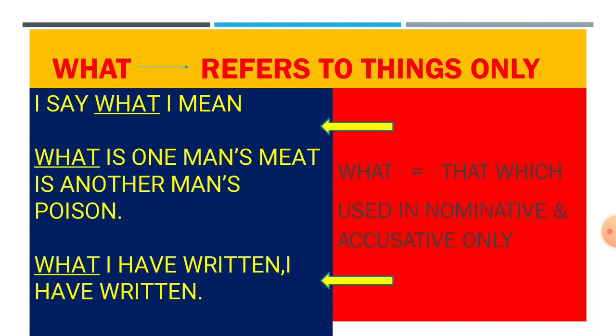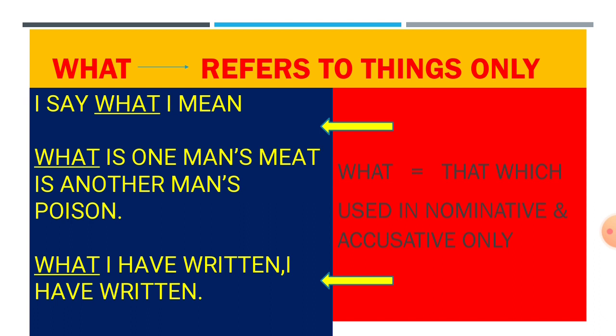What means that which. And it is used in the nominative and accusative only. It is not used in the other one, that is the possessive or genitive use. Okay, let us continue and see the example.